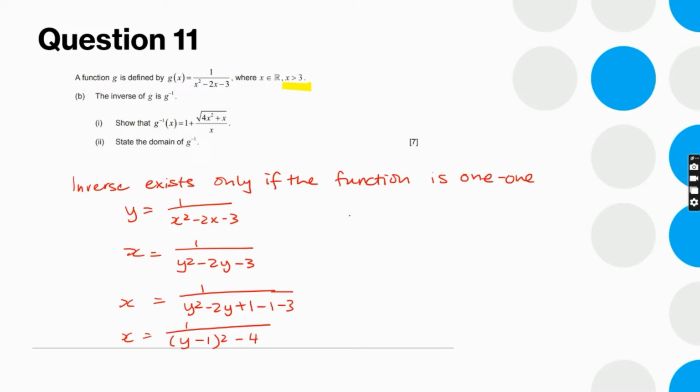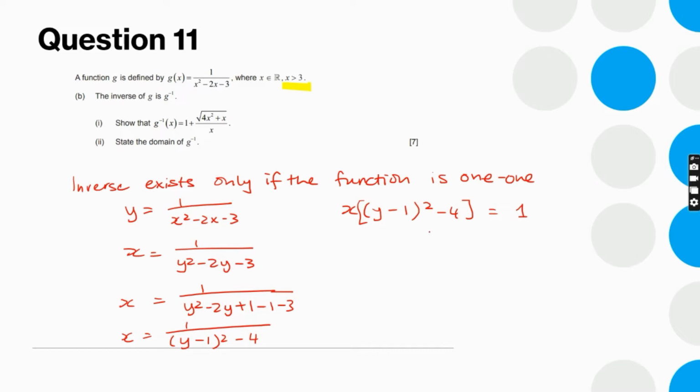Okay, so now I'm going to bring the denominator to the other side. Because I'm trying to make x the subject, I'm going to divide both sides by x.